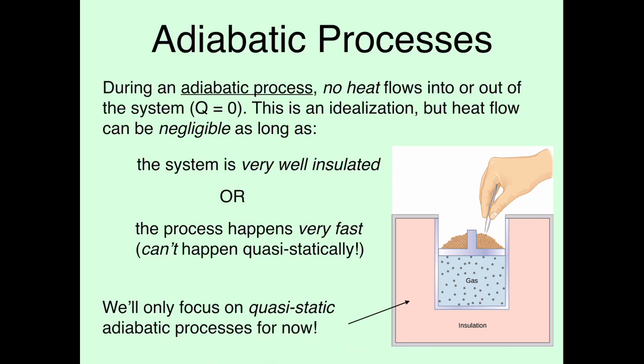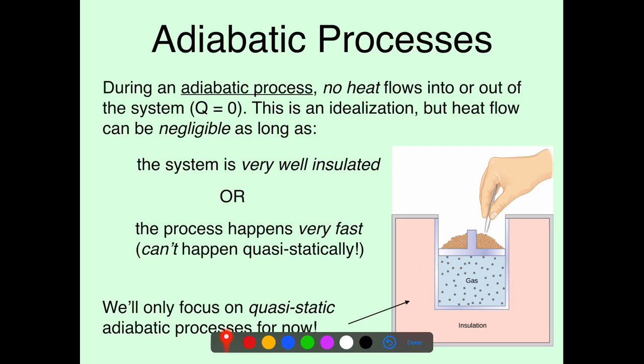The picture you should have in your mind is you have the gas in a cylinder, and there's some insulation around the gas. There's a material around it that provides a lot of insulation and doesn't allow heat to flow through it.